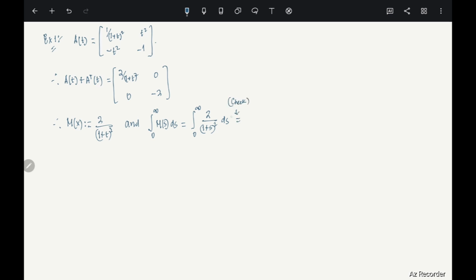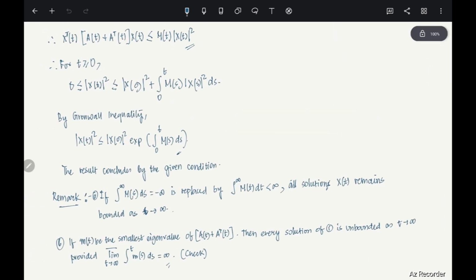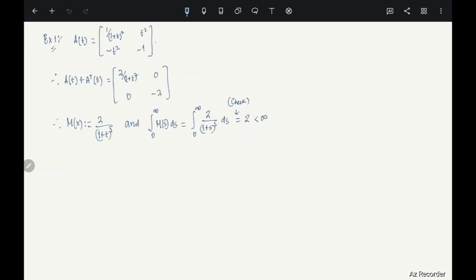If you check that, this is going to be 2, which is bounded. So what can you say? You use the first part of the remark: if this integral up to infinity of m(t) dt is finite, then all solutions remain bounded as t tends to infinity.